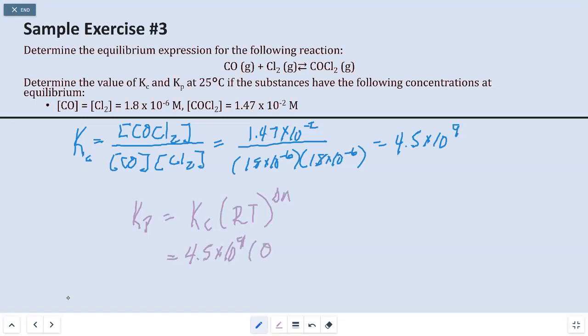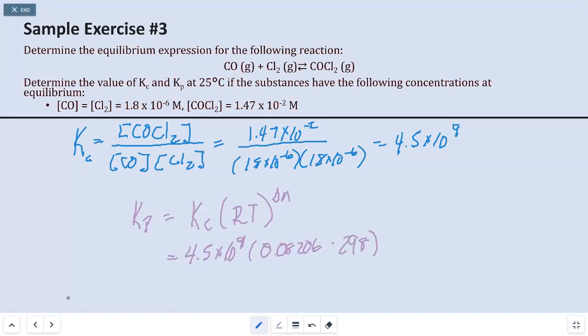The value of R is 0.08206. T needs to be Kelvin, 25 Celsius is 298 Kelvin.